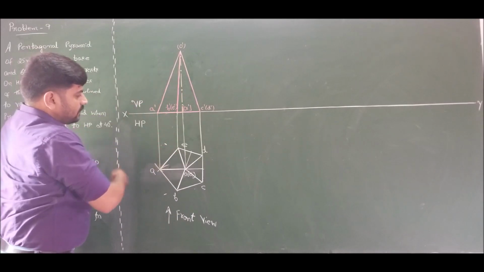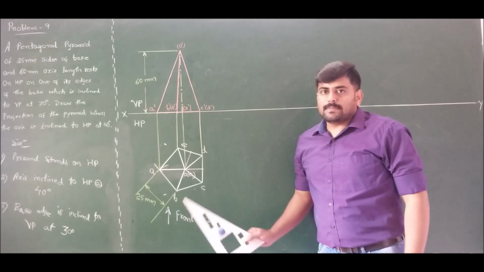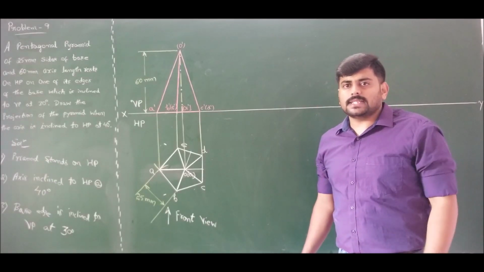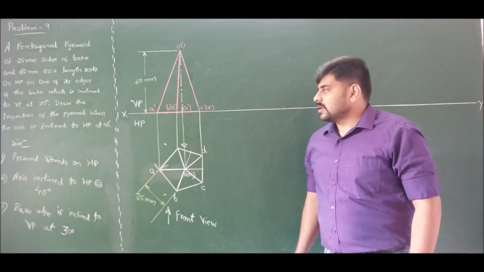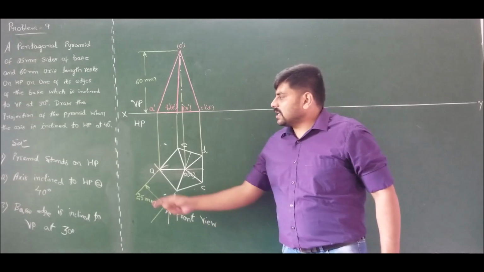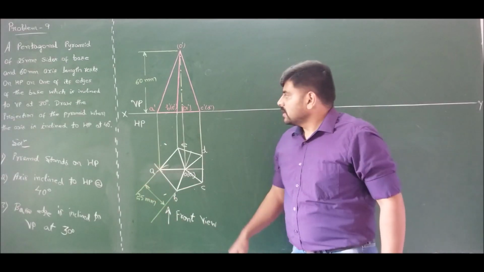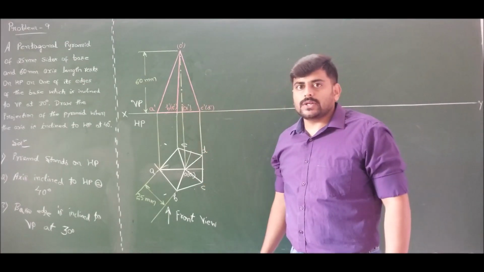Mark the dimension of the base edge and the axis. This completes the pentagonal pyramid standing on HP without inclining to any of the planes in its front view and in its top view. Now, in the second position, I should incline the axis at an angle of 40 degree to the horizontal plane. If you clearly observe, the axis and the base are perpendicular to each other.